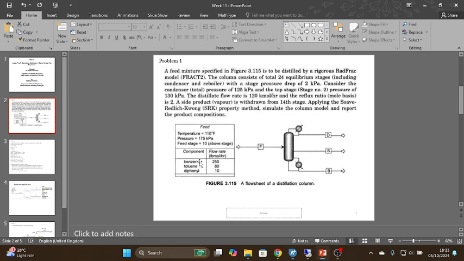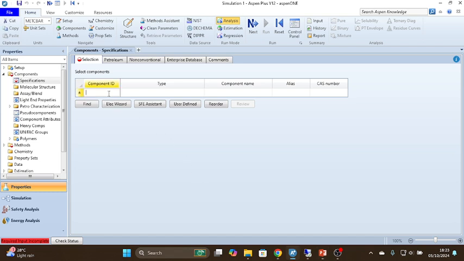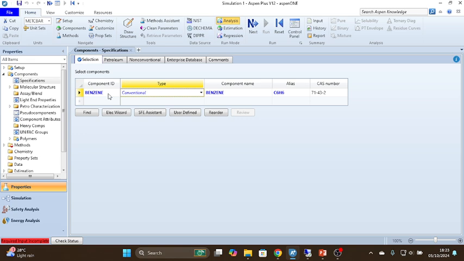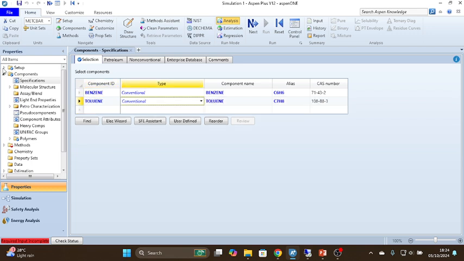So the components are benzene, toluene, and diphenyl. So let us specify the components: benzene, toluene, and diphenyl.